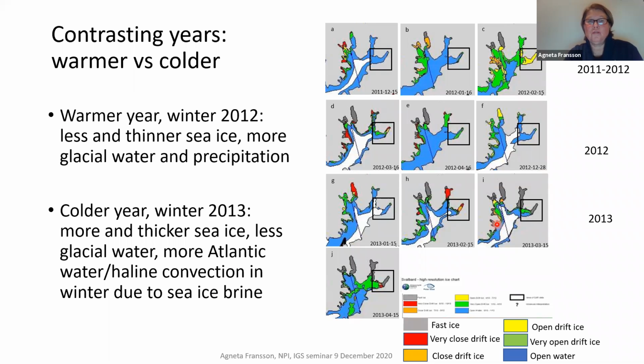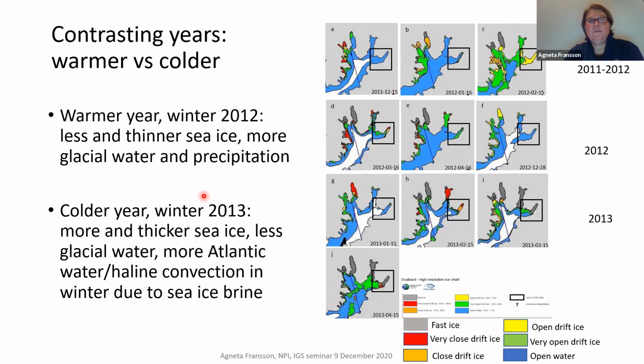We had more glacier water and precipitation. And if we look at the ice maps, conditions in January, it was open, the blue here, and it started to form open drift ice in February, the yellow, and then it started to form a little bit more closed drift ice, and then very open drift ice in April.